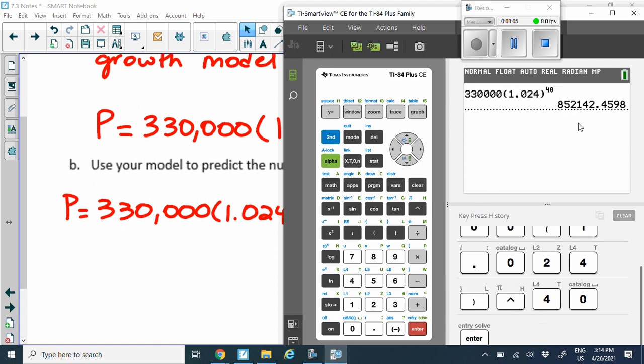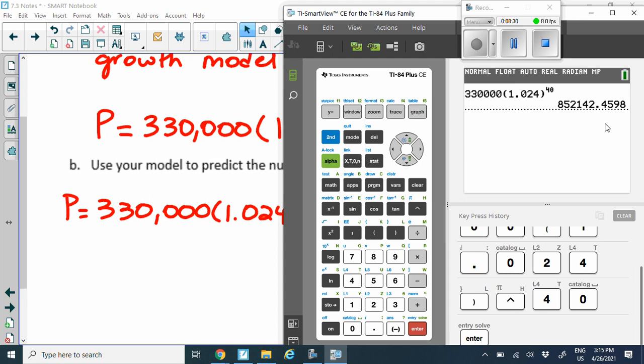Now, if we're thinking about population, we definitely cannot have just 0.45. How we're going to do this is round like we normally would. Anything 5 or higher, we round up. Anything lower, we just round down. So since we have 0.45, we're going to round down to the nearest whole number.